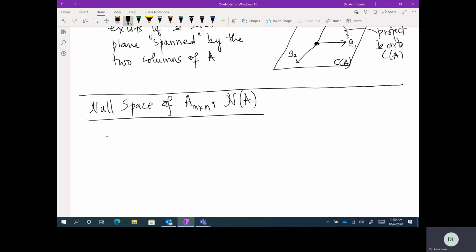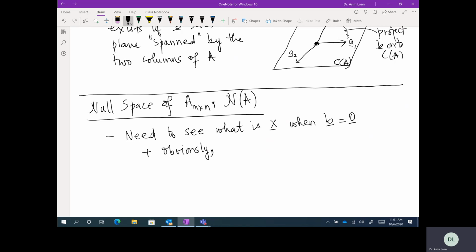Whenever we want to find the null space of A, we need to find the homogeneous solution. We need to see what X is when B is 0.